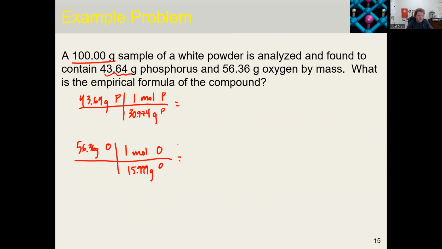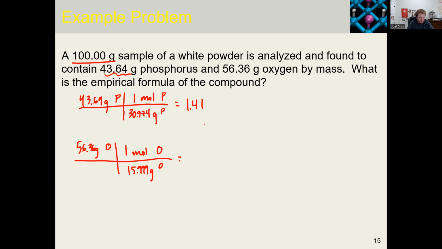So 43.64, we're going to take that number and divide 43.64 by 30.974. And we will see that that is 1.40. You know what? I'm going to call it 1.41. Then we're going to take our other number, 56.36.